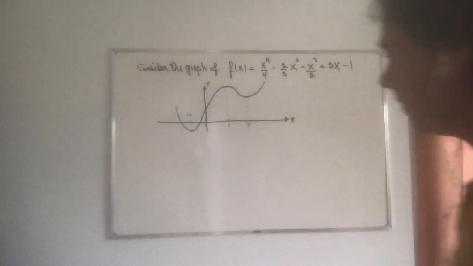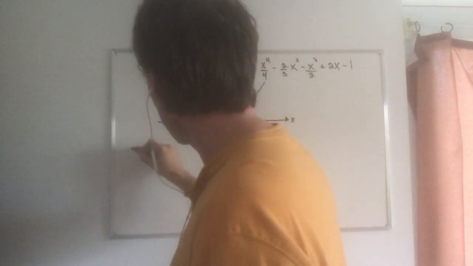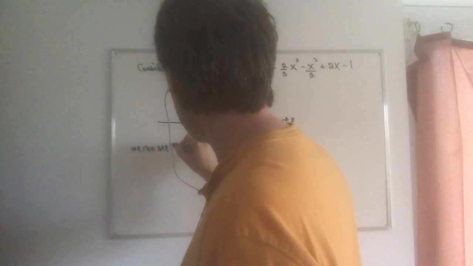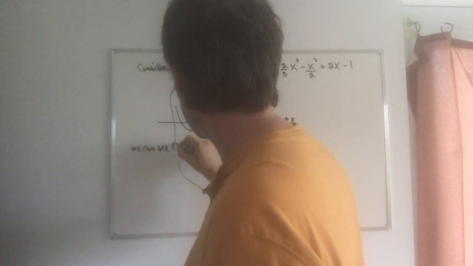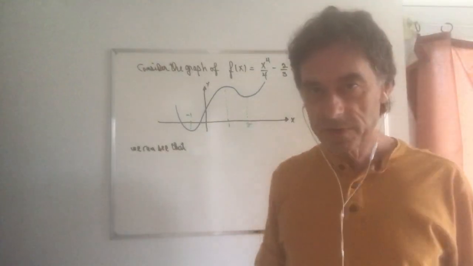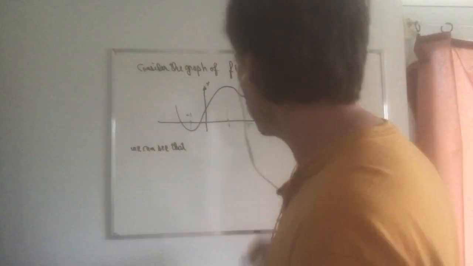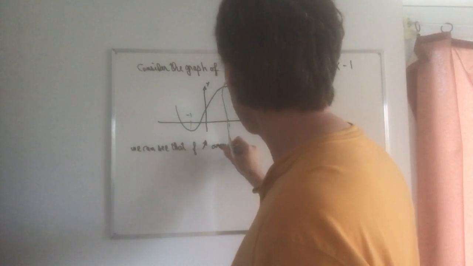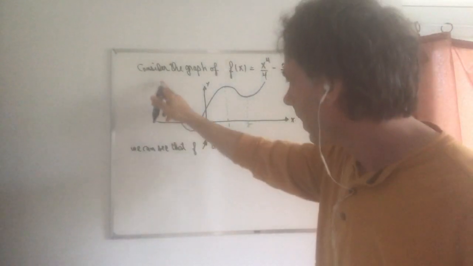Okay. So what can we see on this? Let's do the analysis of where f is increasing and f is decreasing. F goes up on what interval?